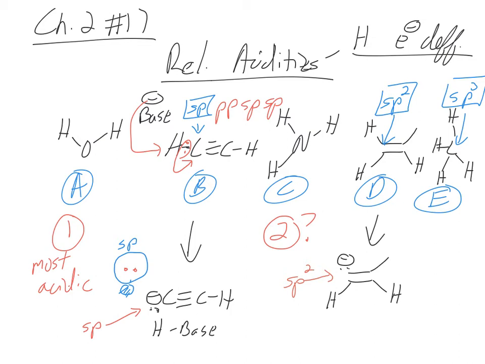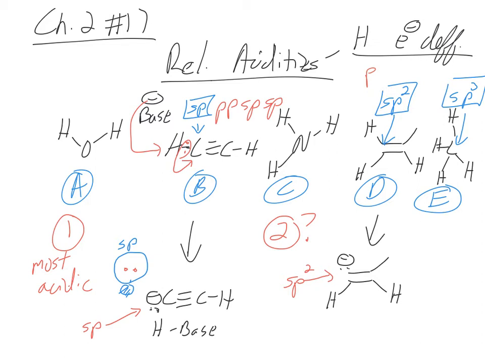Right? Because what are the hybrid orbitals for an sp hybridized carbon? You have how many pi bonds to this carbon? 1. So you must have at least 1 p orbital. P orbitals form pi bonds.